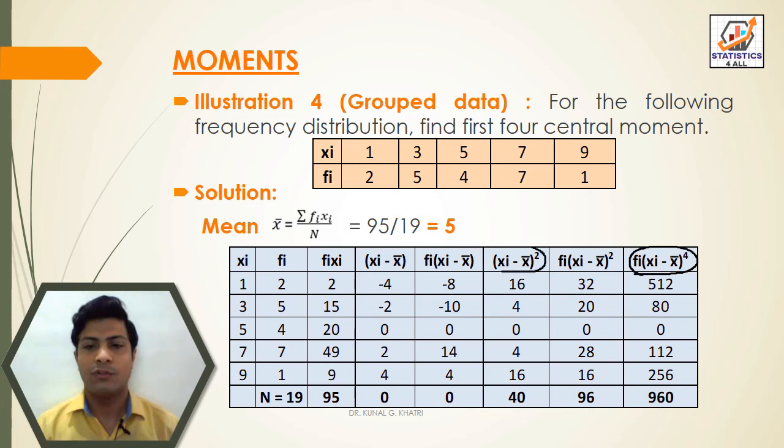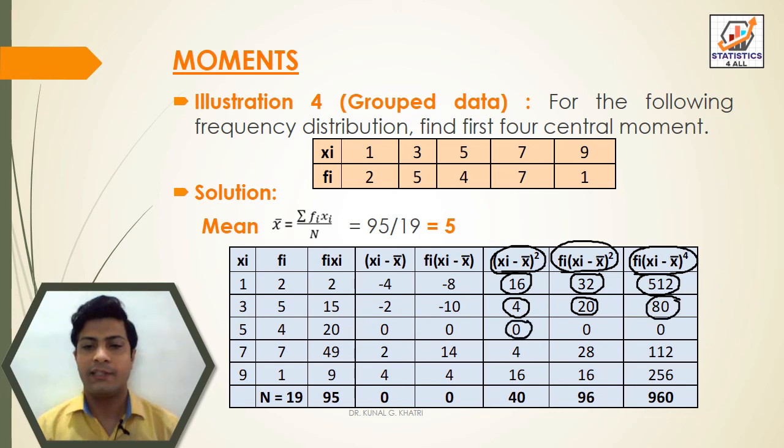So 16 into 32, we get 512. 4 into 20, that is equal to 80.